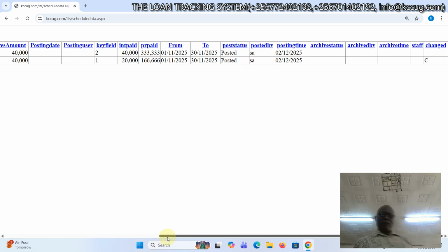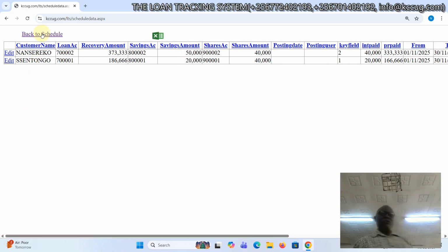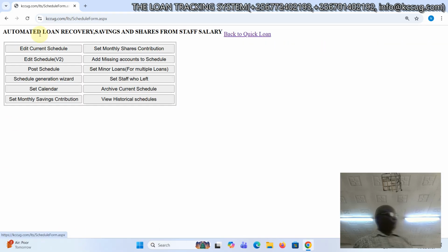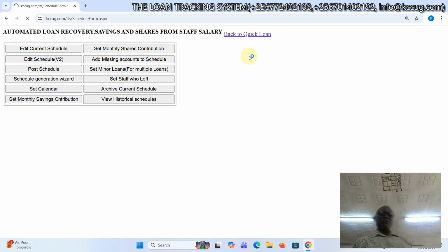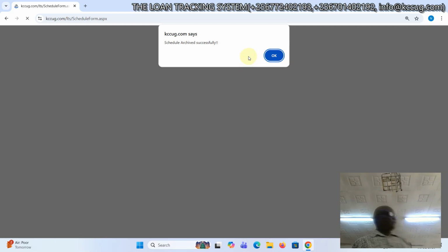How do you archive? You click on schedule and click on archive schedule, archive current schedule, here on this option. When you click on it, it will get to do the archiving, and it tells you schedule archiving has been done successfully.